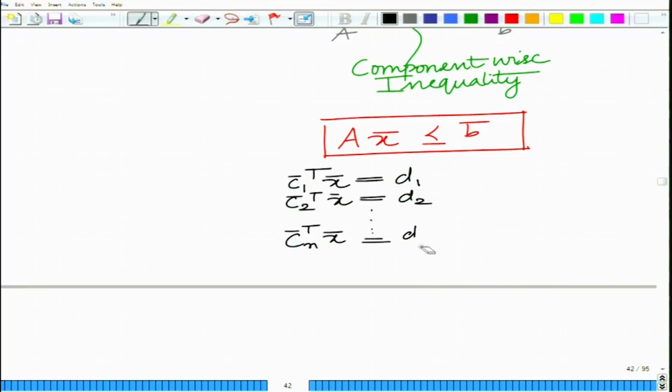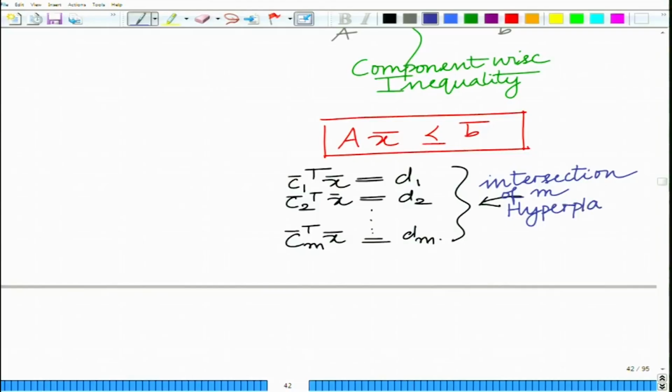Let us make this M. This is a collection of hyperplanes, where each represents a hyperplane. So, this is an intersection of M hyperplanes.